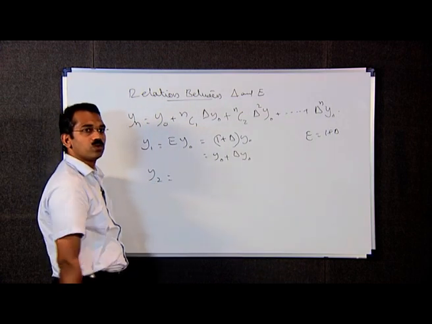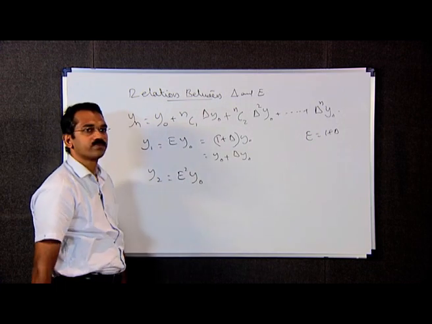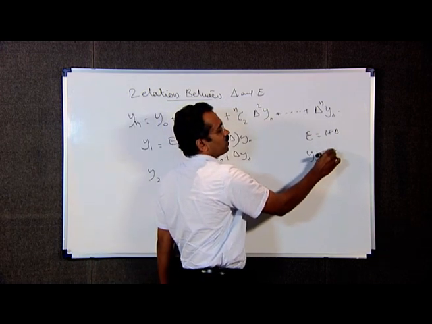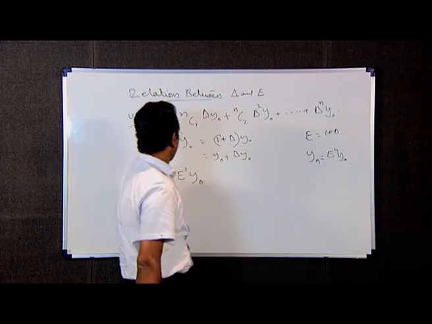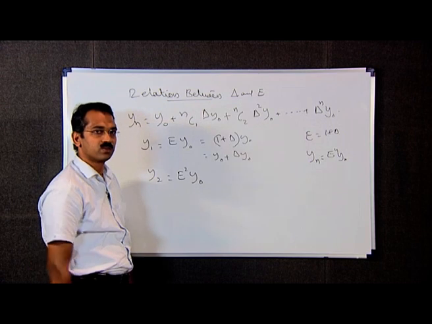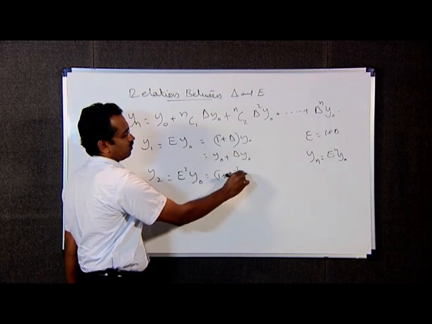y2 is equal to E square y0. We have yn is equal to E raised to n y0. Therefore, we can write y2 is equal to E square y0, that is equal to 1 plus delta whole square y0.